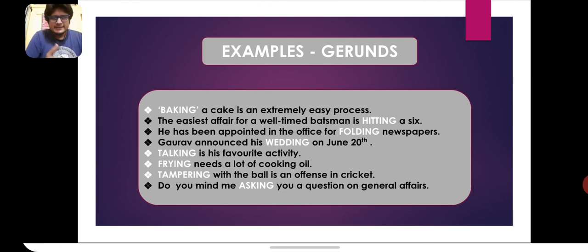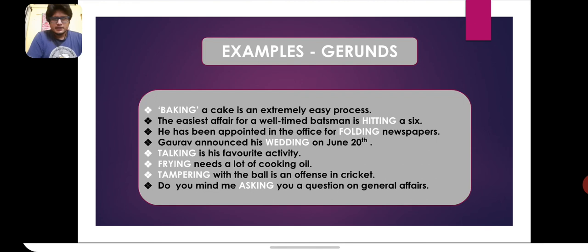In the third example, folding is followed by a noun, so it is not a noun itself. If I use any noun after the -ing form, that simply means that this -ing has immediately become an adjective. Very simple to understand. The moment an -ing form of a verb is followed by a noun, it becomes an adjective.